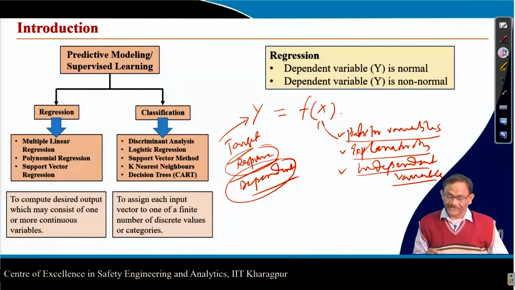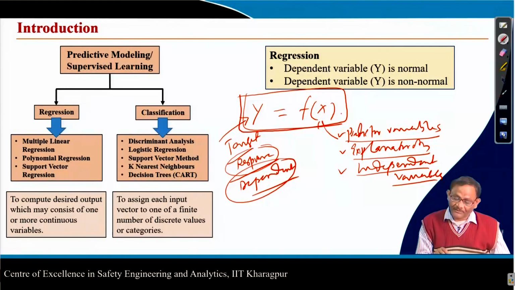So, this is the general function or relationship that you want to capture. You can capture this in terms of regression or classification. If y is continuous, it is regression; if y is categorical, it becomes a classification problem.